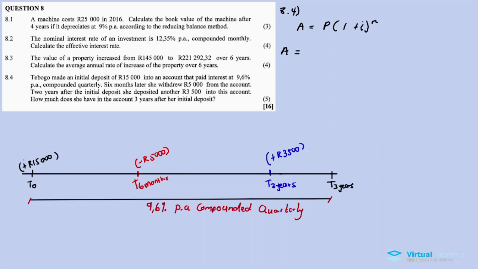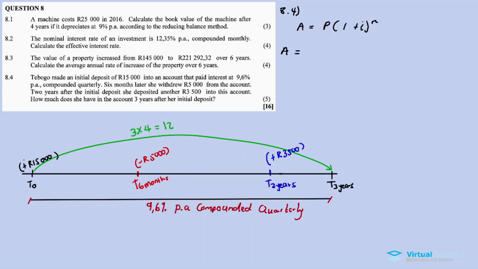So for this 15,000 rand, yohlala for how many years? Yohlala for 3 years in the account. So it's 3 times 4 equal to 12. It's 3 years times 4, since it's compounded what? Quarterly. It's compounded quarterly.